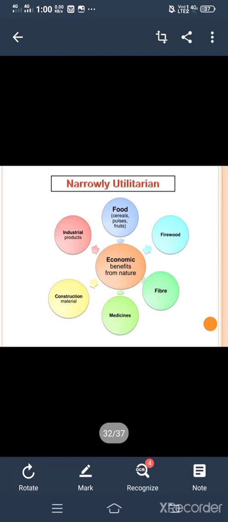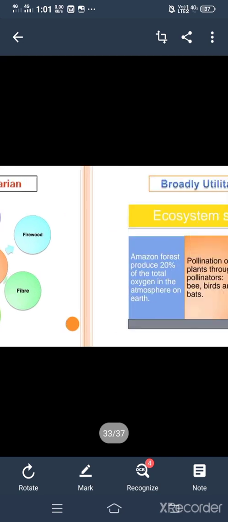Firewood, fiber, medicines, construction materials, and some other industrial products. So we have to conserve biodiversity because we need all those things to survive, but we should use them in a proper way and not be greedy, because if we become greedy the resources will exhaust. So we have to preserve the biodiversity.